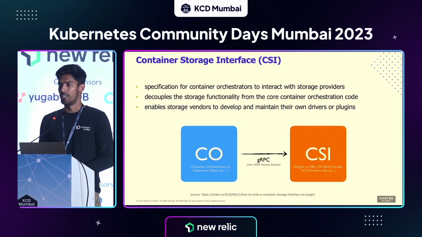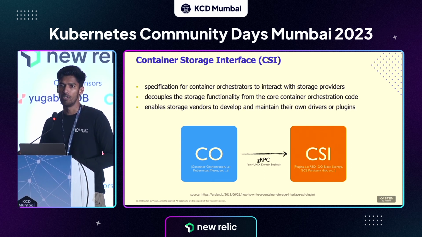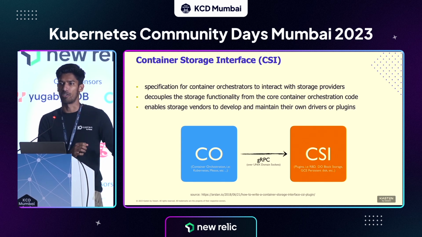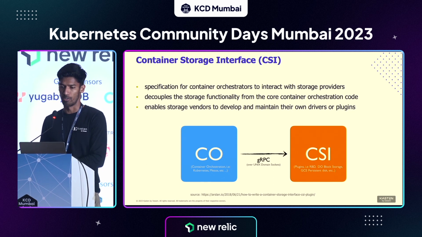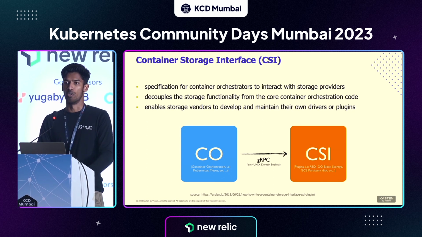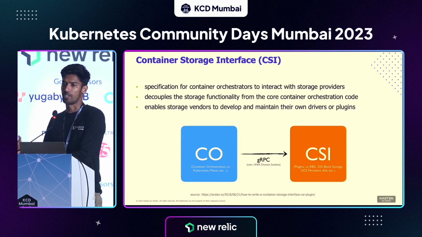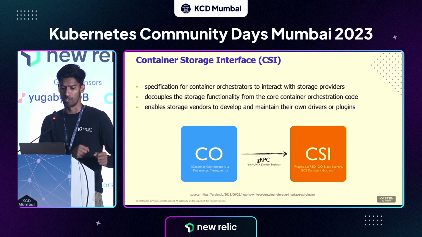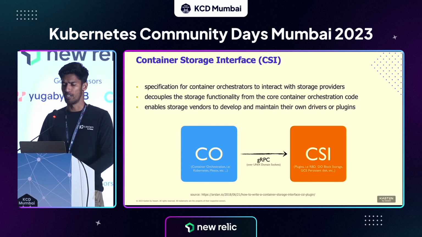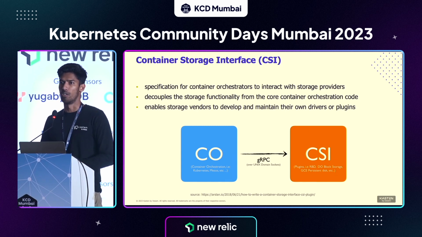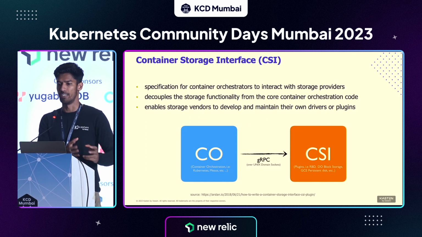It's the interface, or set of rules, through which any container orchestrator talks to the storage provider. It also decouples the functionality of the core container orchestrator from the storage management, and it allows different storage providers to develop their own plugin independent from the Kubernetes components.